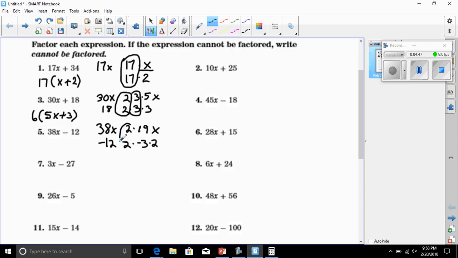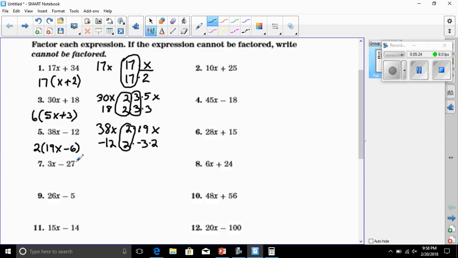And once again, we see the only thing in common from the top and bottom is the 2. So we put the 2 in front. Now we have to ask ourselves, 2 times what will give us 38x? Well, it's 19x. And to give us negative 12 would be 2 times negative 6. And that all works out fine because 2 times 19x is 38x, and 2 times negative 6 is negative 12.